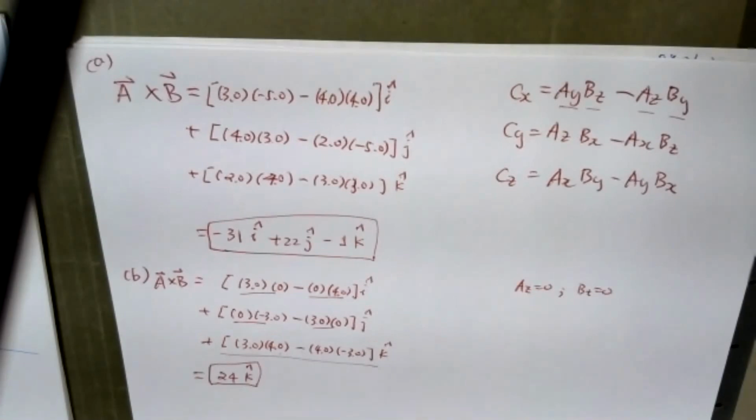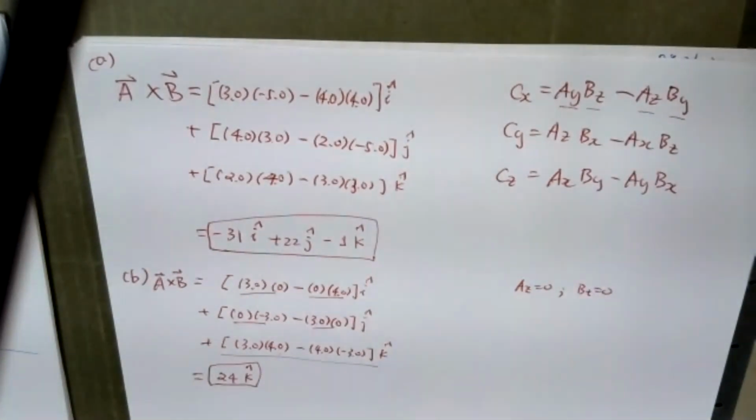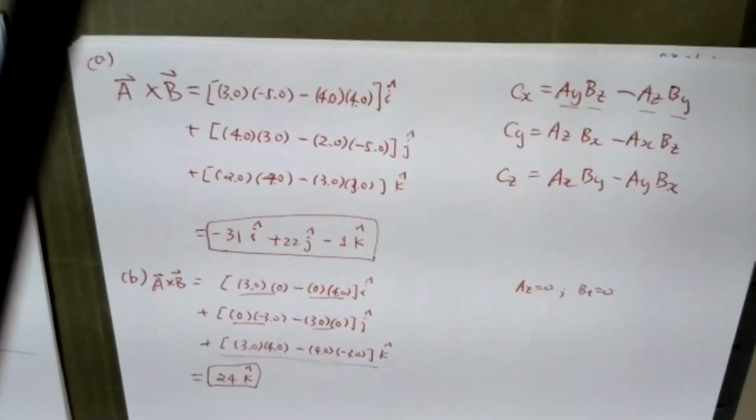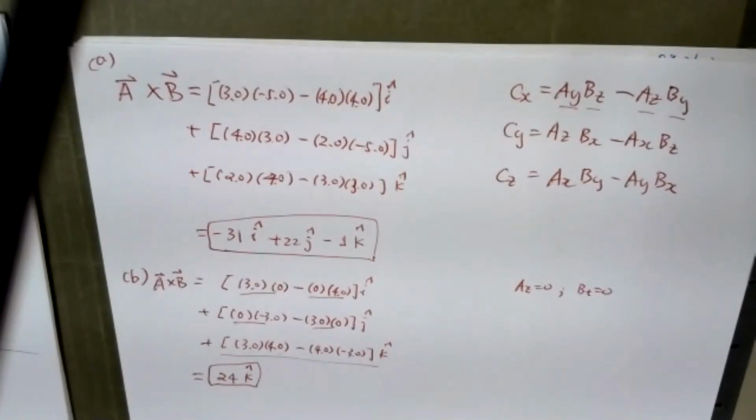So I was looking for another way of doing vector cross product online. You can look it up. If you have learned matrices, you can do the determinant of the matrix.